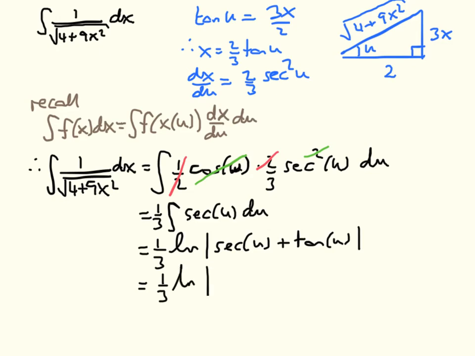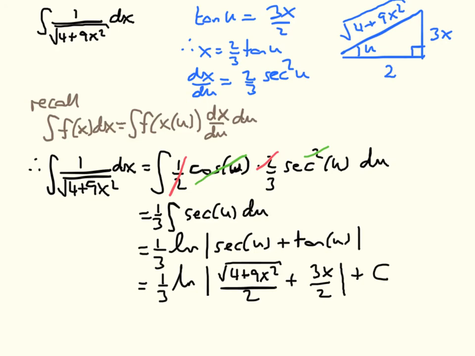So sec is the square root of 4 plus 9x squared all over 2, plus tangent, which is 3x all over 2, end modulus plus an integration constant.